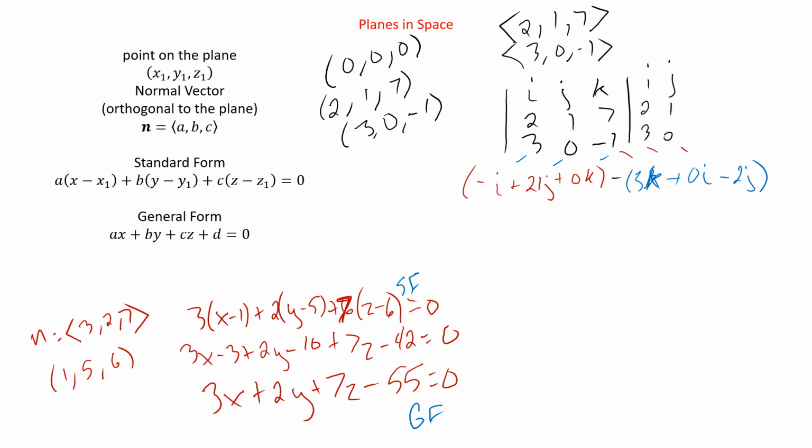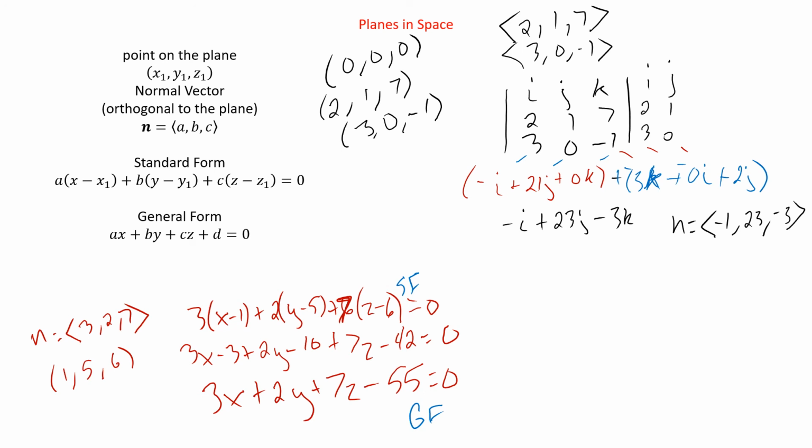So combine our like terms, but before we do that, let's go ahead and distribute this negative so we don't look like a fool. Alright, now we can combine our like terms. We have a negative i and a 0i, so that'll be a negative i. We have 21j plus 2j is plus 23j, and 0k minus 3k is minus 3k. That is the cross product, which means our normal vector n is -1, 23, -3.